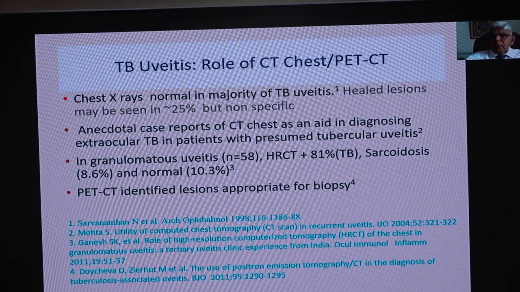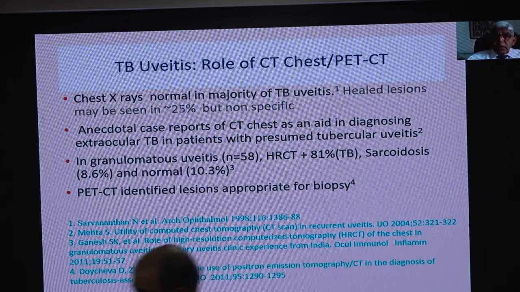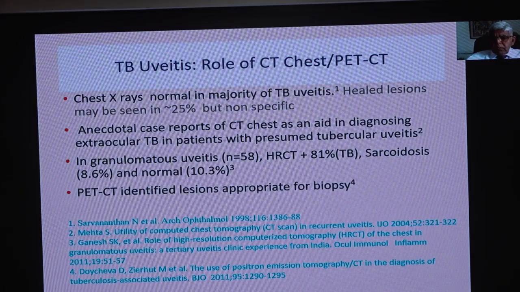In particular, in one of the series from Chennai, when they were looking specifically at granulomatous uveitis, and I'm not going into details of what granulomatous uveitis is, I'm sure you are aware, they found that HRCT had positive findings in almost 80% of the patients who had tubercular uveitis versus less than 10% for sarcoidosis.